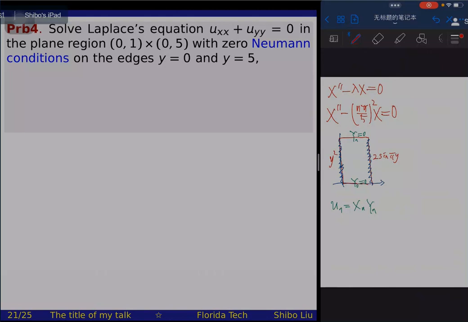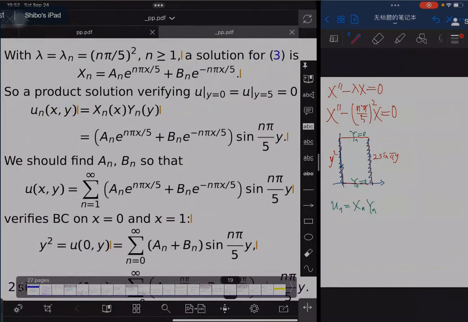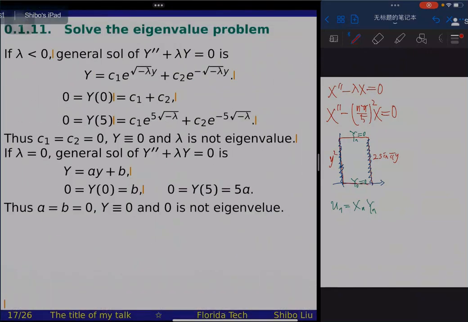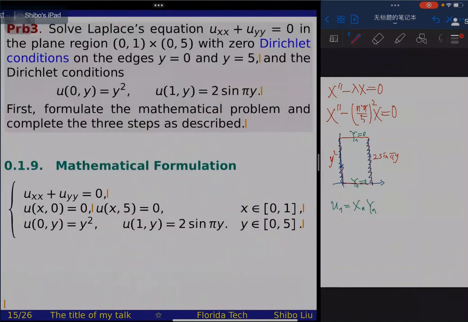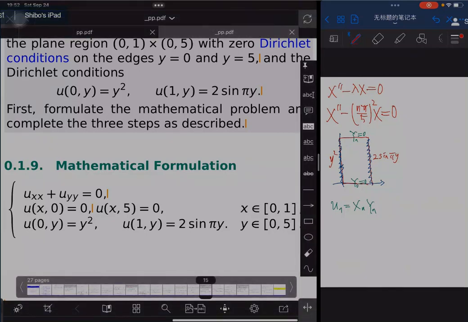I replace this by the Neumann condition. Let's go back to see. So this is problem 3. You see the blue words: on the edges y equal to 0 and 5, we are imposing the 0 Dirichlet condition. That is problem 3. Now I make a modification.